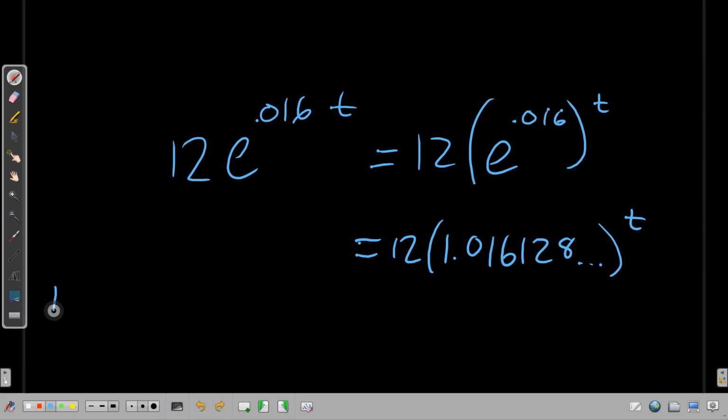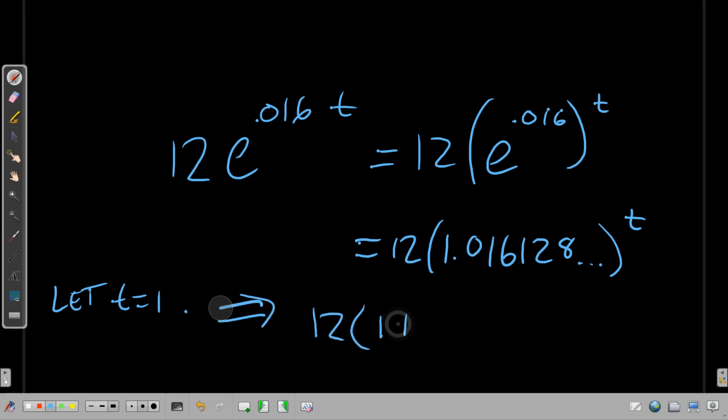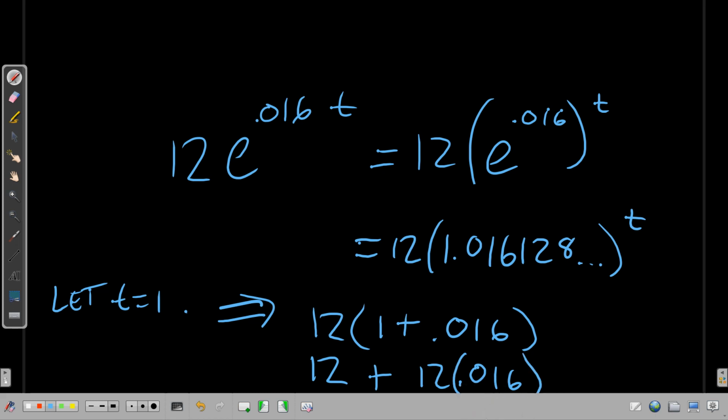I mean, let t be 1. Then what it's saying is that it's 12 times 1 plus 0.016. And let me just ignore the rest of the digits. If I distribute the 12, it would be the population I started with plus 0.016 more than what I started with.